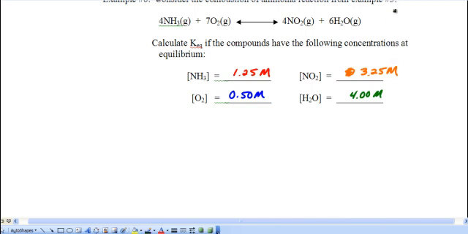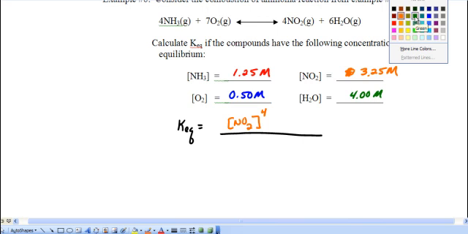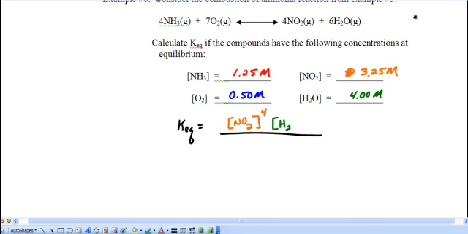In example number 3, we determined that KEQ is going to equal the NO2 concentration raised to the 4th times the water raised to the 6th, divided by the ammonia raised to the 4th, and the oxygen raised to the 7th.